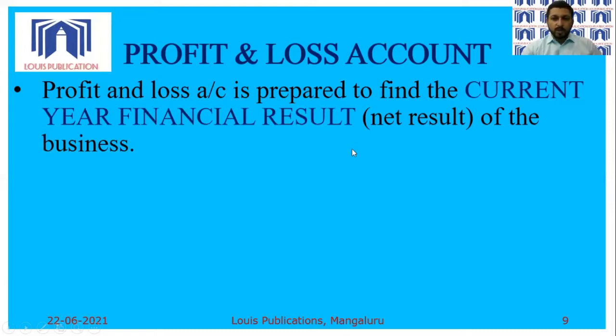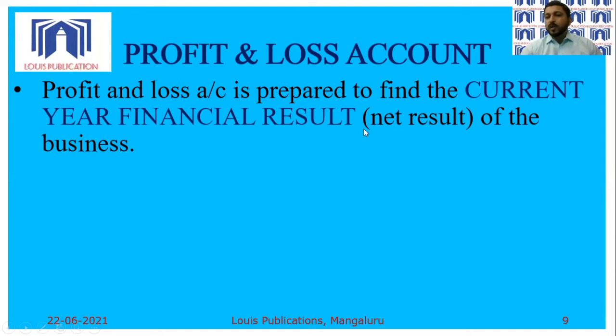So one word of caution. When we are talking about current year profit and current year losses, we are supposed to include current year expenses and losses, whether paid or payable, and current year incomes and gains, whether received or receivable only. All last year's items, all next year's items must be excluded.